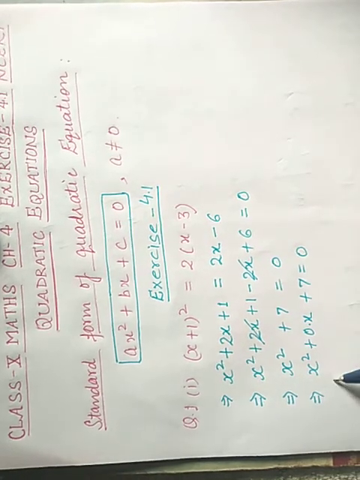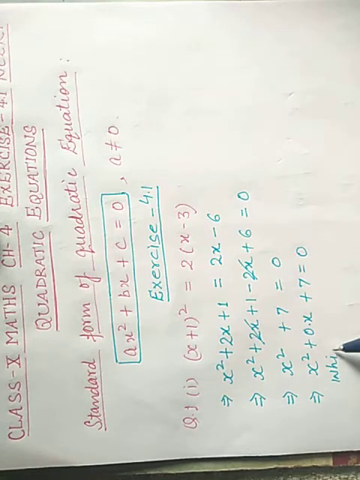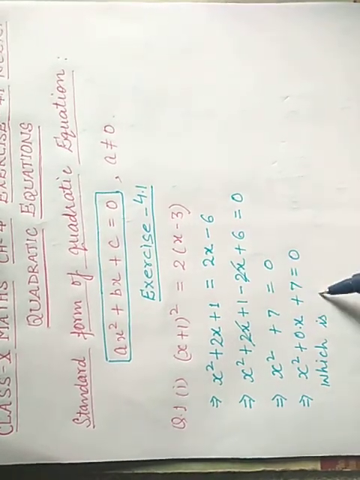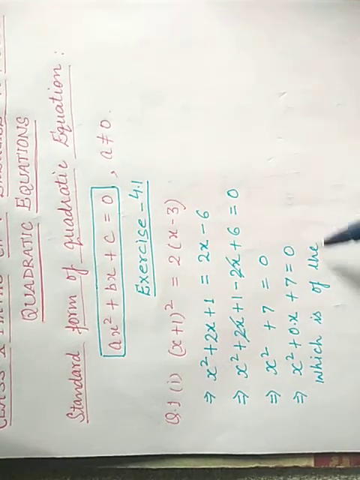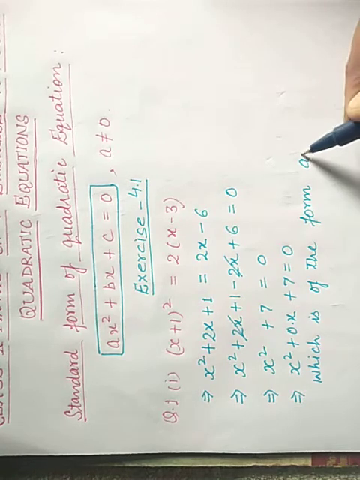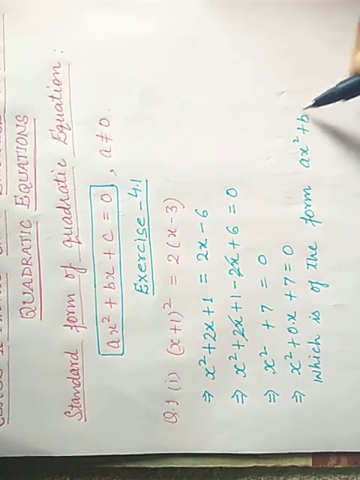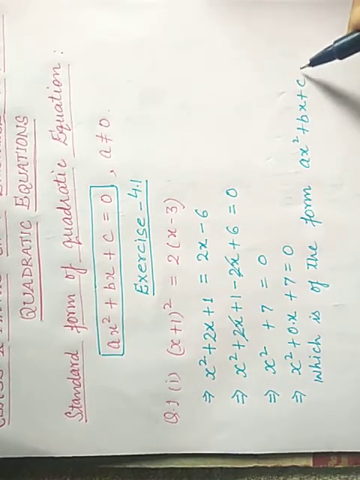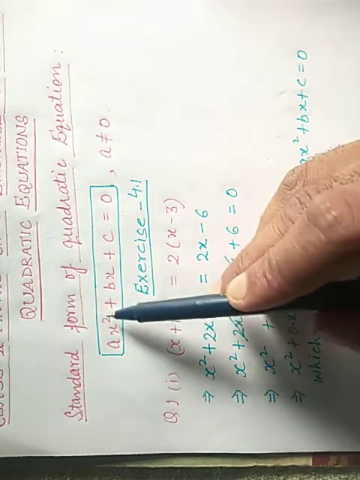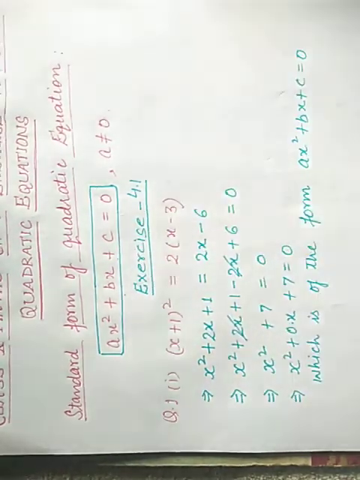And the equation calculated is of the form ax square plus bx plus c is equal to 0. Okay, and we have here the standard form ax square plus bx plus c is equal to 0.